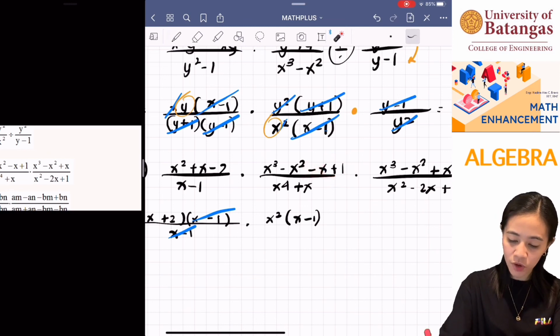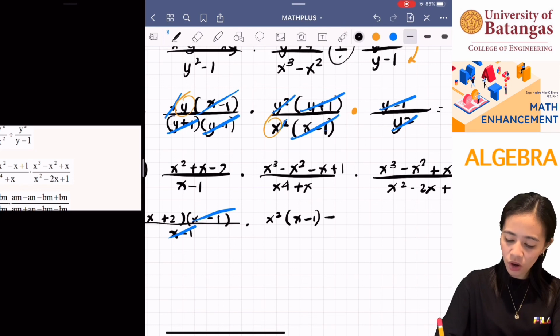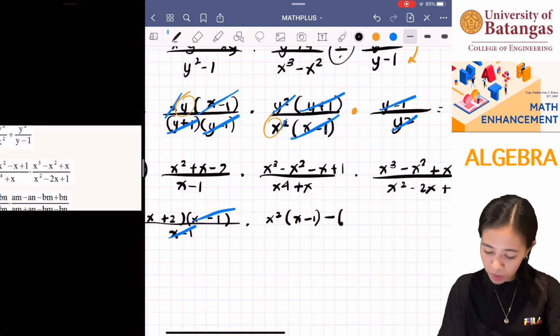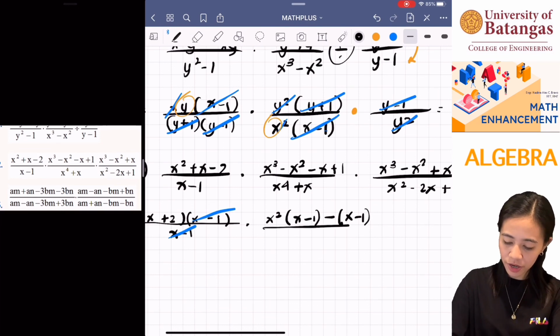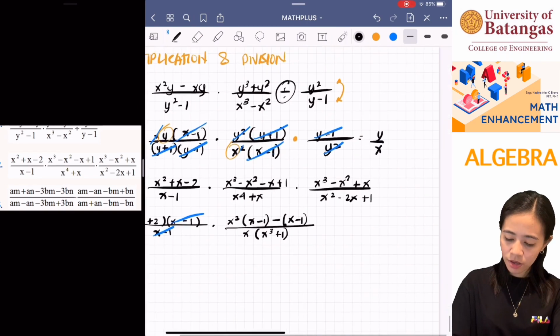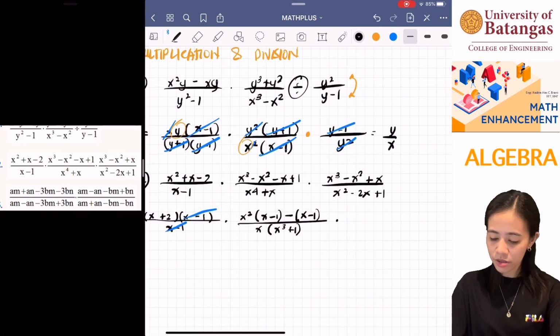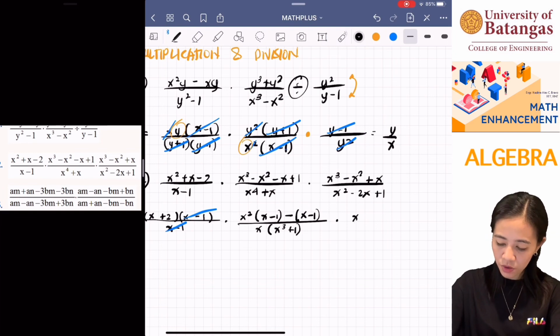So, i-factor ko yung negative 1 na yun, para magkaroon ng minus the quantity of positive x minus 1. All over, common dito si x sa denominator, you'll have x cubed plus 1. And then the third term, common si x. So, you have x squared minus x plus 1.